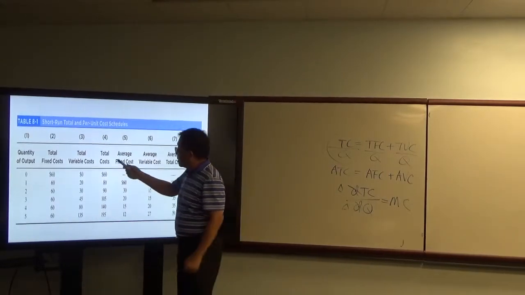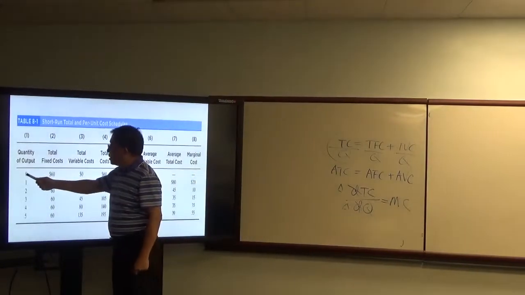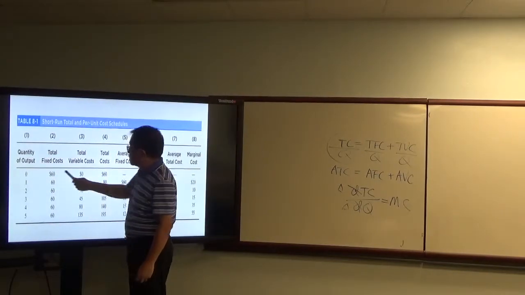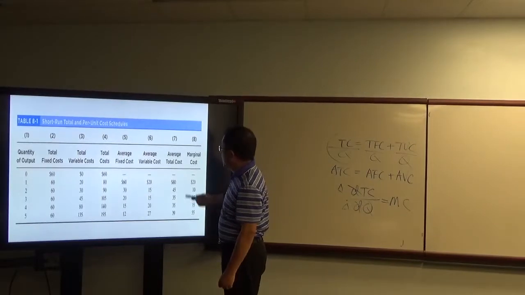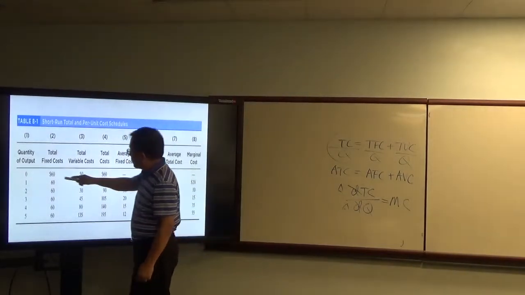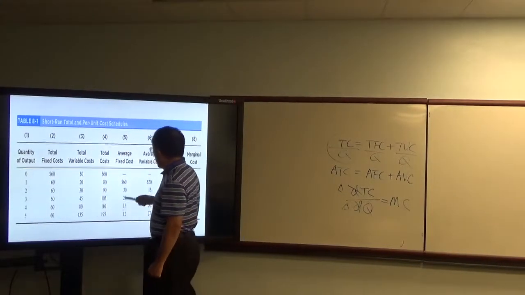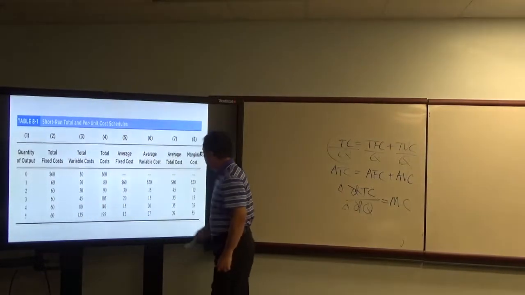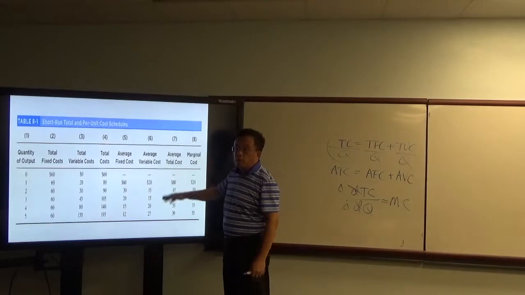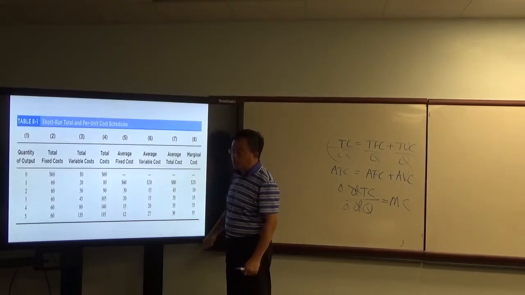So you can tell if you produce nothing, the total cost is the total fixed cost. For all other quantities, we'll be able to calculate the marginal cost and the average cost.